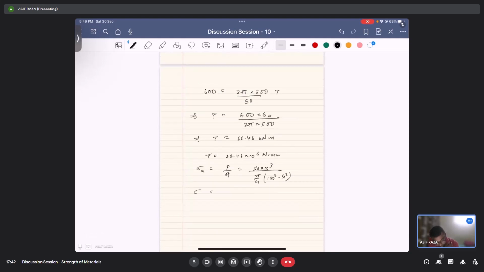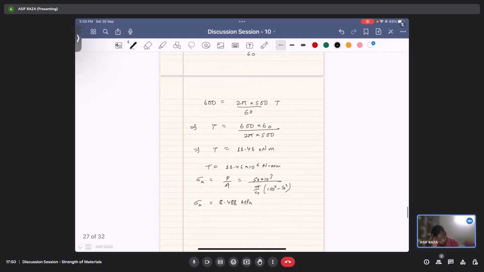This comes out to be 50 into 4 divided by pi divided by bracket 100 square minus 50 square, which is 8.488 megapascal.